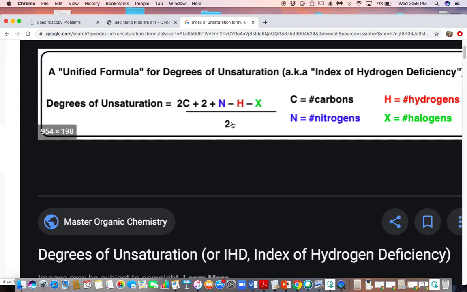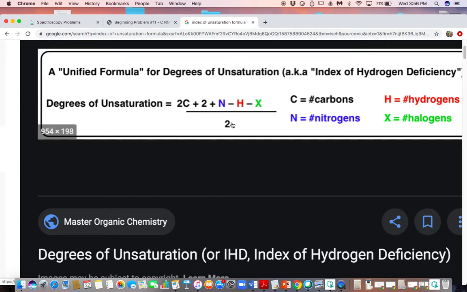For instance, if you get an index of 1, that means that you either have a ring or you have a pi bond somewhere, a double bond. If you get an index of 2, that could mean that you have 2 double bonds. It could mean that you have 2 rings. It could mean that you have 1 double bond and 1 ring.